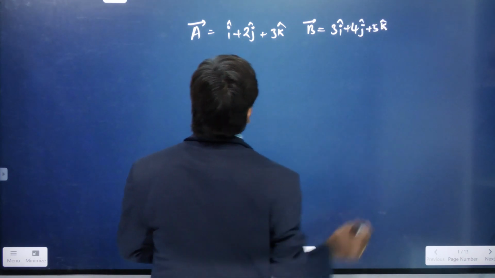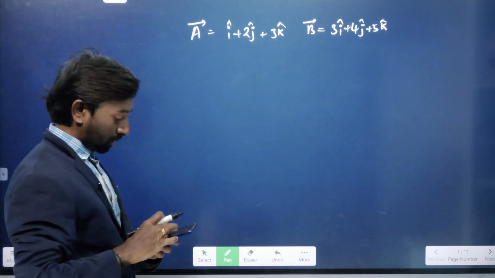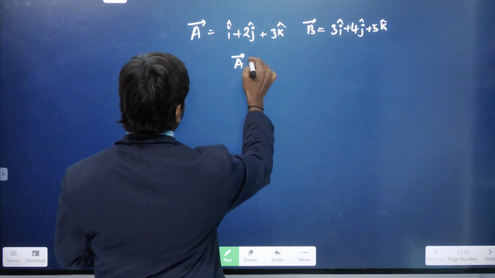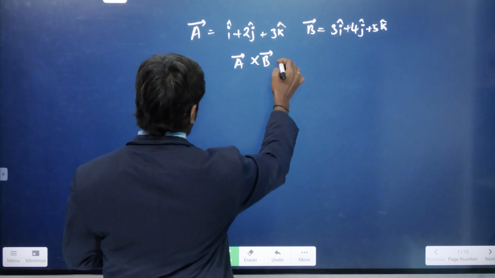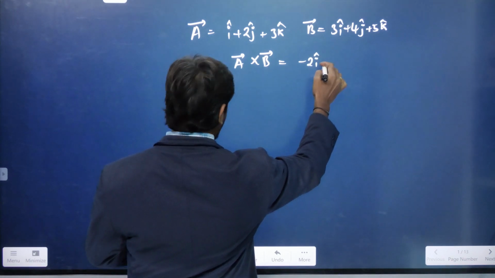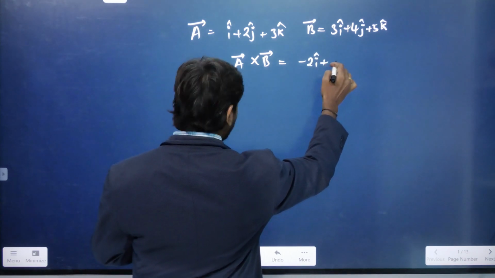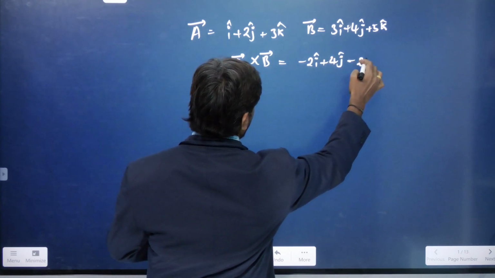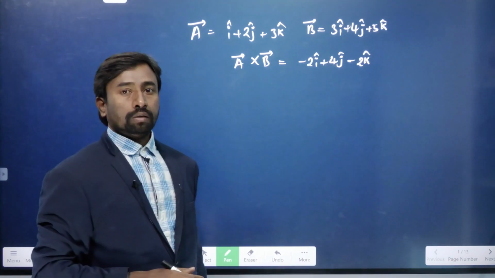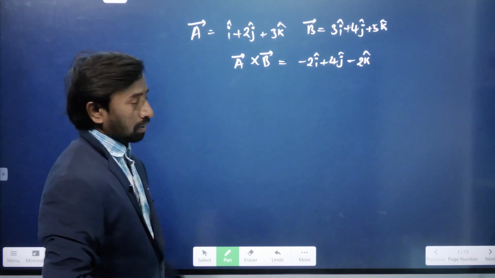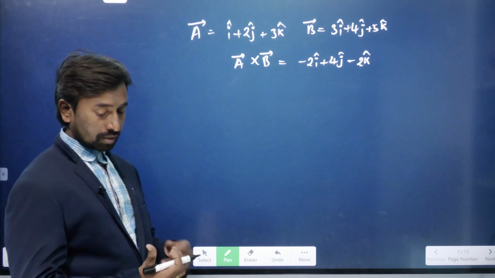We found a bar cross b bar, and the value we got is minus 2 I cap plus 4 j cap minus 2 k cap. Let us check whether it is correct or not by another method.